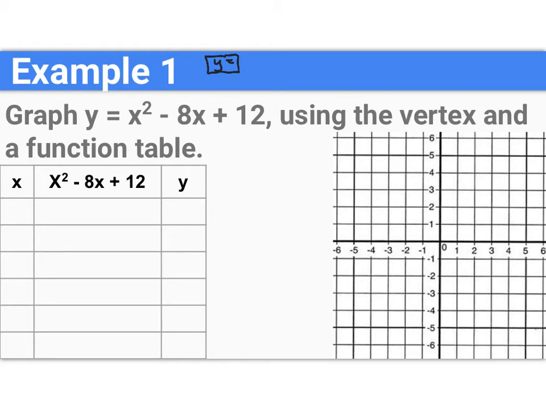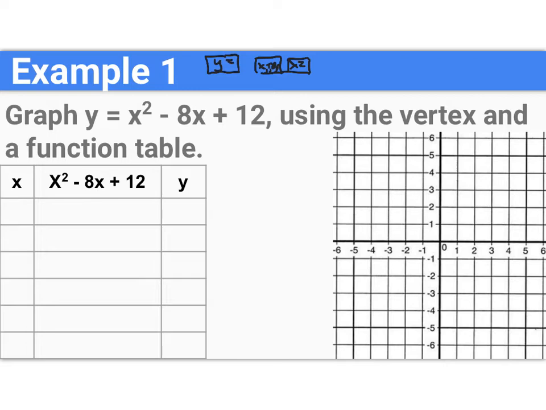Push y equals, then you look for a button, and once on the screen it'll say y1, y2, y3, y4, and all of that. You look for a button that says x, t, theta, n. That's a 0 with a goofy looking line through it, and then n. That will bring you x. Then you hit the x squared button, which is on the left side right near the 7.